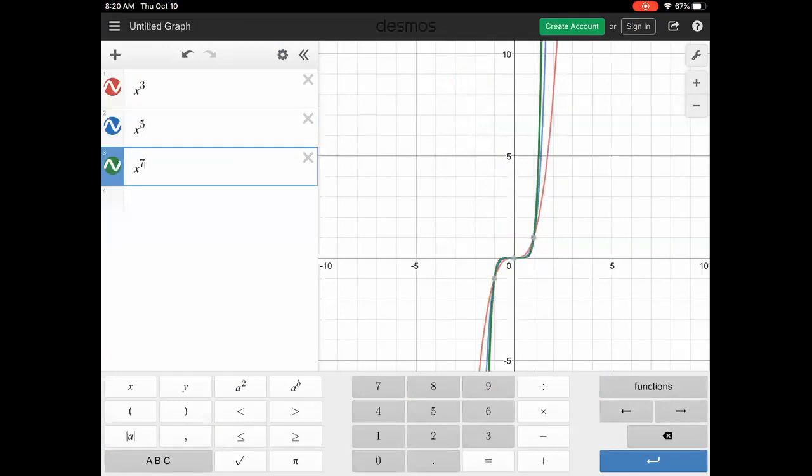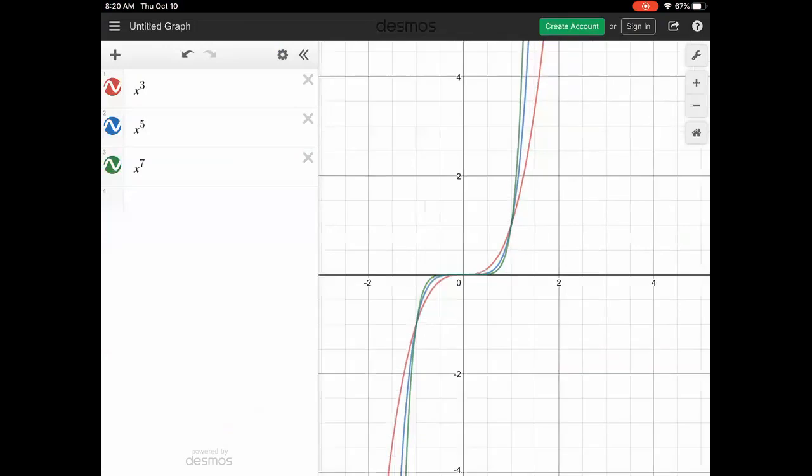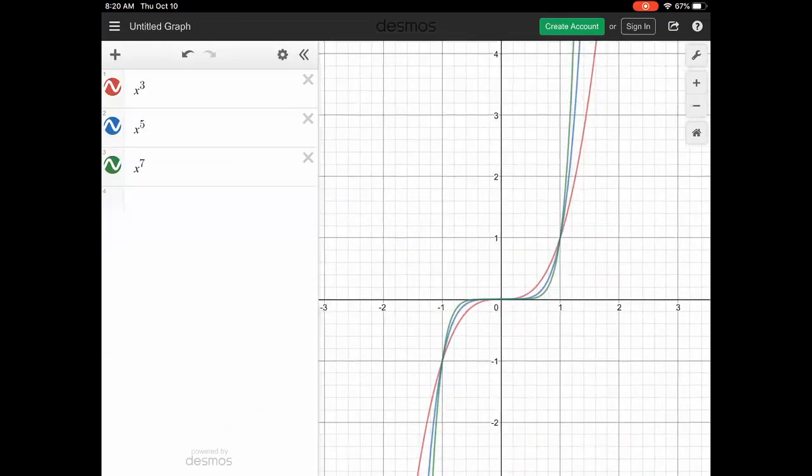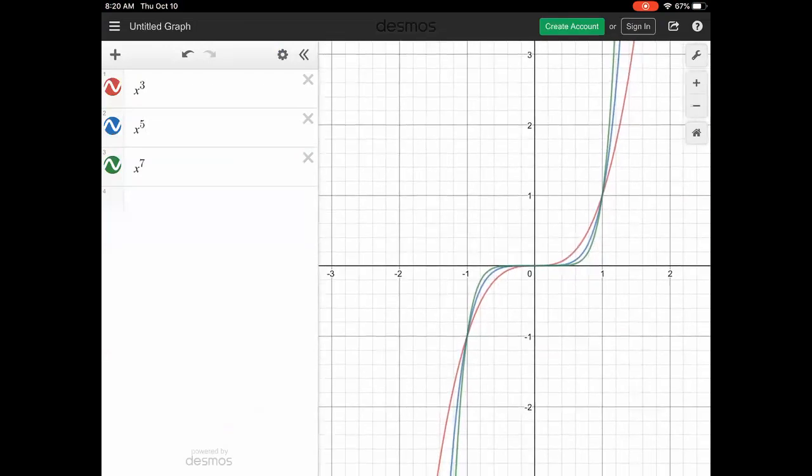I'm sure you guys can do a better job of drawing these. If I zoom in here, that's hard to draw. Okay, so I definitely shouldn't have made my first one so flat. My x to the 3 should have just touched on here for a little bit and then left off. But the idea stays the same.